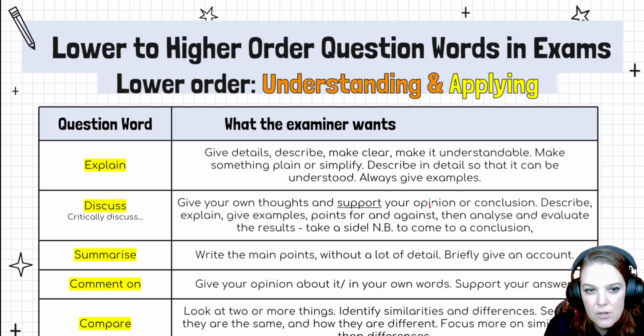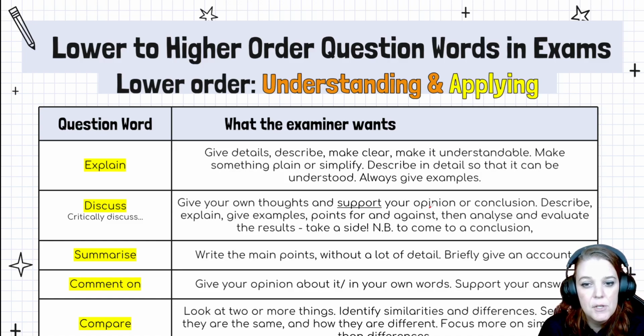We need to come to a conclusion and decide on something. And then there's summarize, so we're writing down the main points, and these shouldn't really have much detail. They should just be a very brief account of whatever it is that we're reading. But usually this question doesn't come up very often in question paper 1. We will see this in the summary section, and then we'll explain more about that in another video.